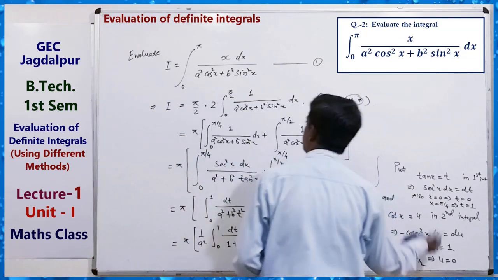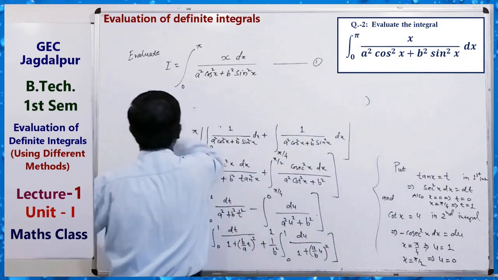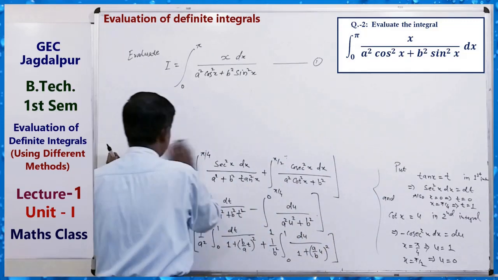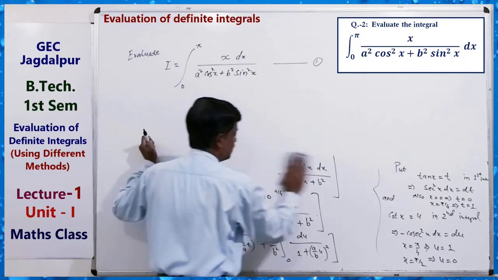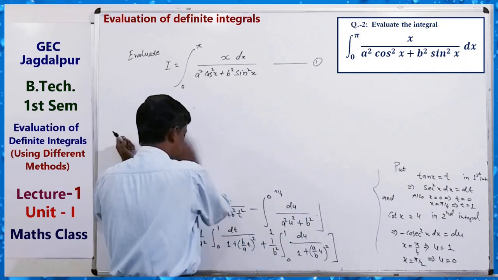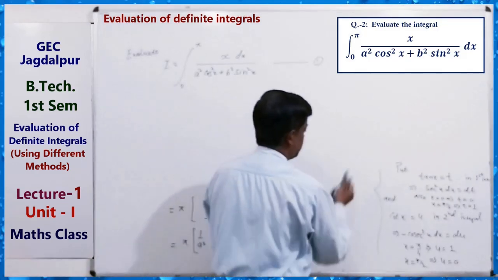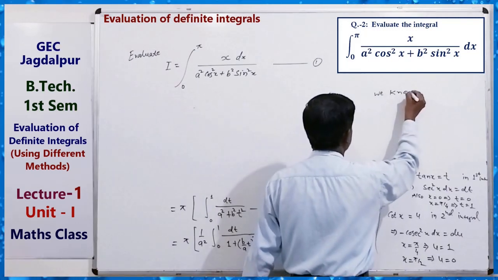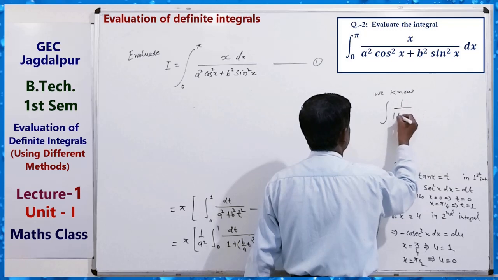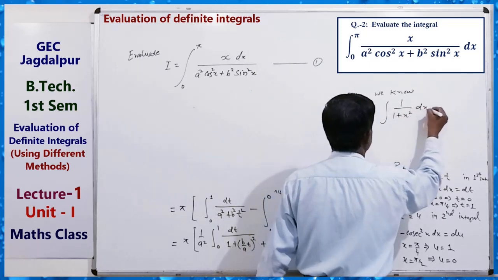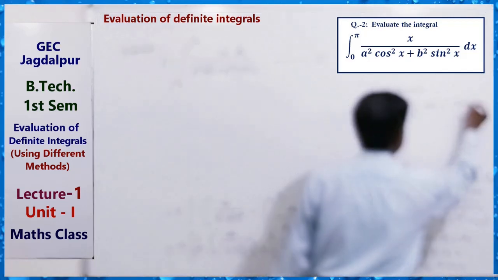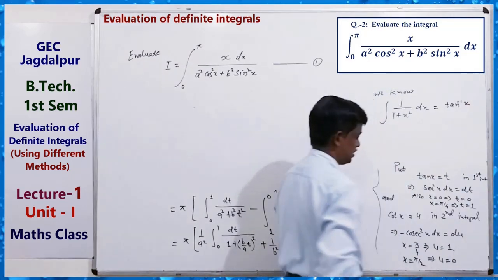Now we will use the formula for getting the final value. What will be the formula for this? We know the integration of 1 upon 1 plus x square dx equals tan inverse x.